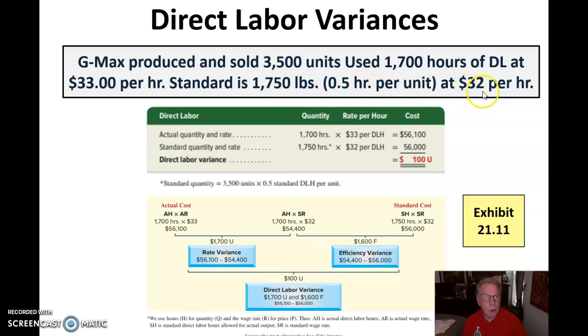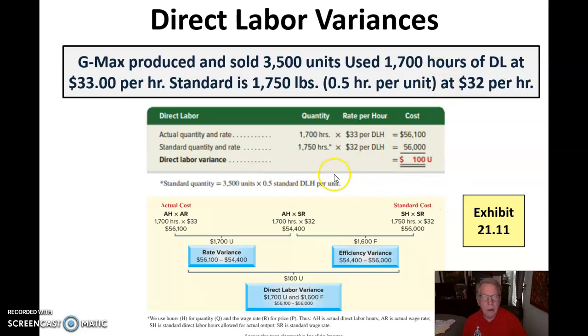And the standard was $32 per unit. So in this case, we are a little bit better in our actual hours that we used.